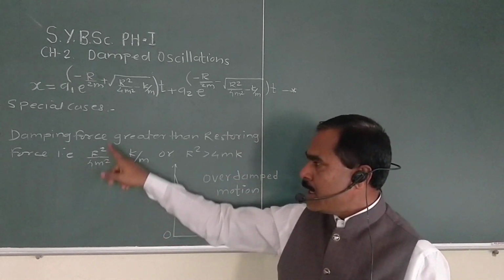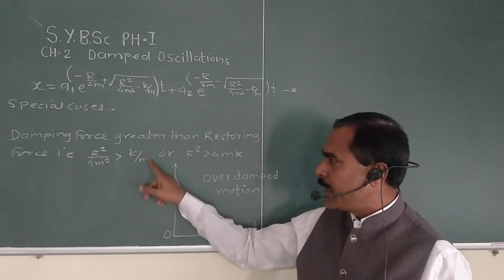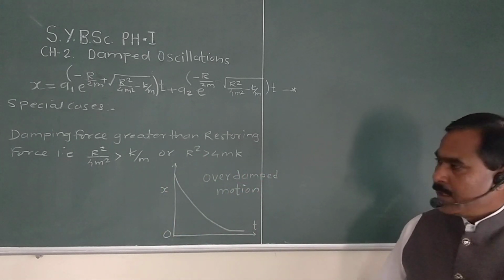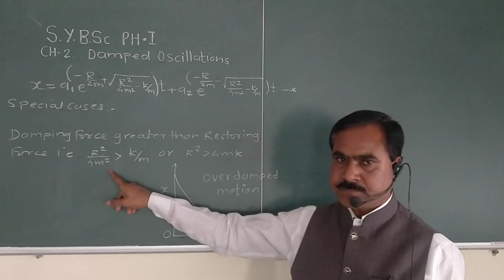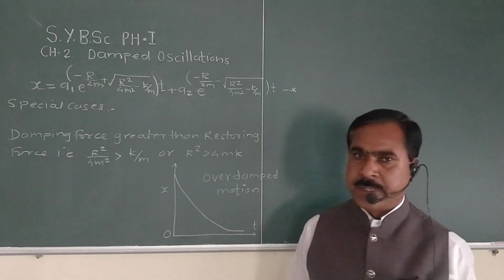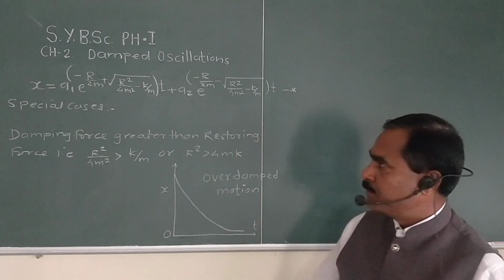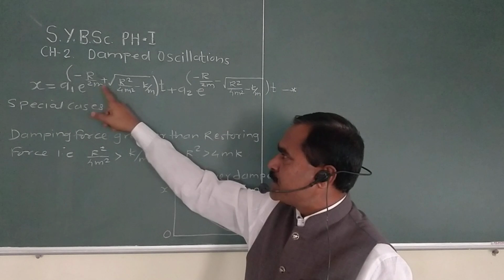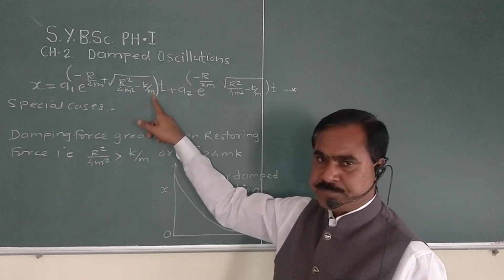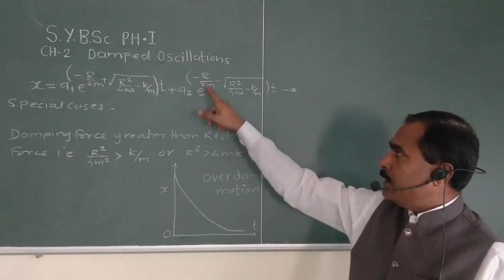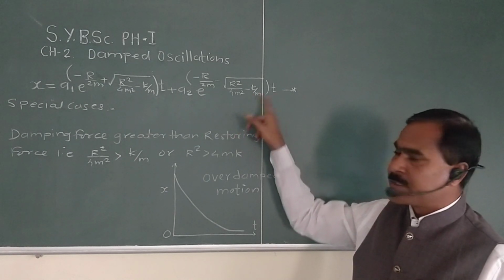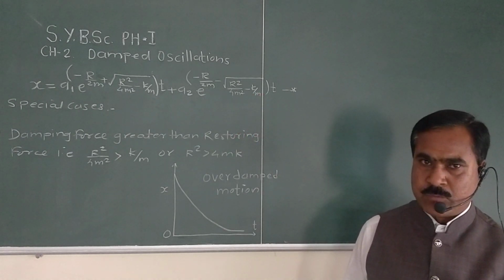That is, we write here r square upon 4m square greater than k by m, or r square greater than 4mk. When we consider this case, then both exponential terms, that is minus r upon twice m plus root r square upon 4m square minus k by m, and minus r upon twice m minus root r square upon 4m square minus k by m, are negative.